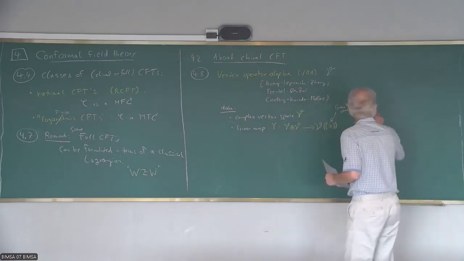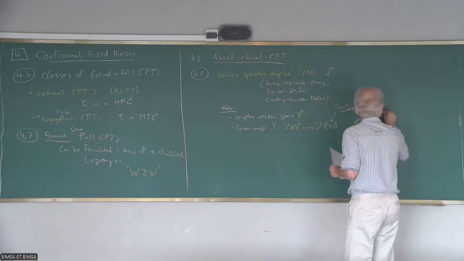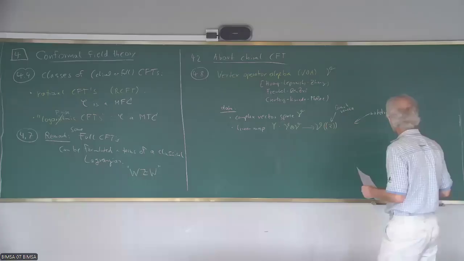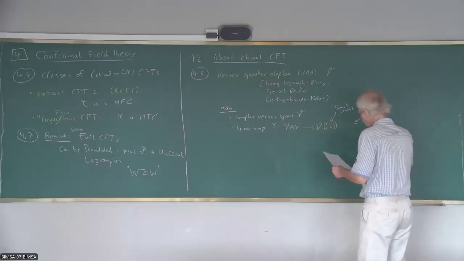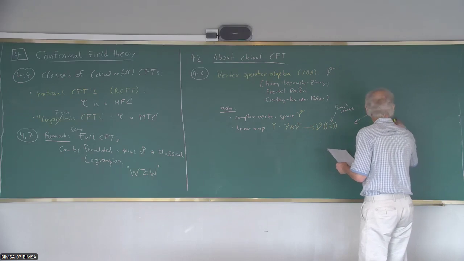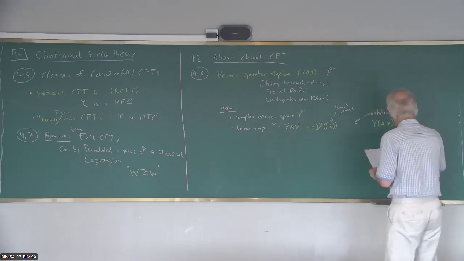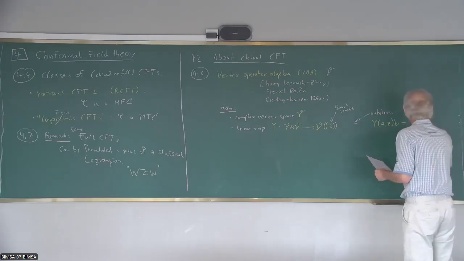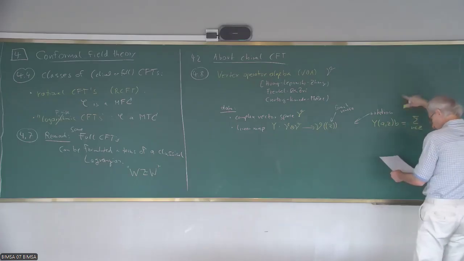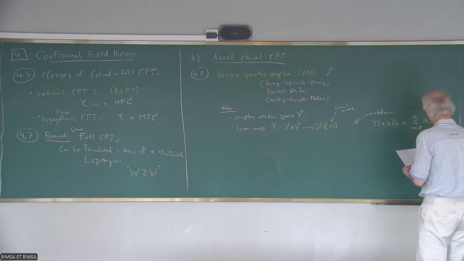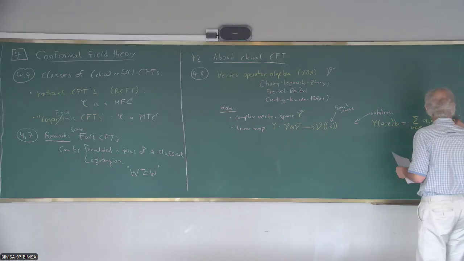But there is a notation for that, which is maybe misleading, but which is very nice. Namely, one writes Y(a, z)b. This defines, via this Laurent series, the following.